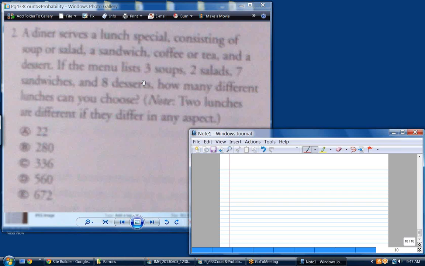So I'm reluctant to spend a whole lot more time on this problem, but there are 5 soups and salads, which you have a choice of 2. So it's a combination problem. 5 choose 2. Have we done these?